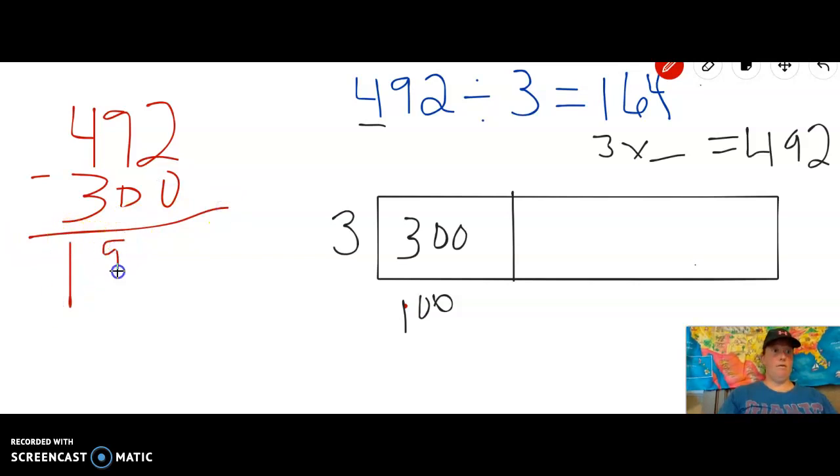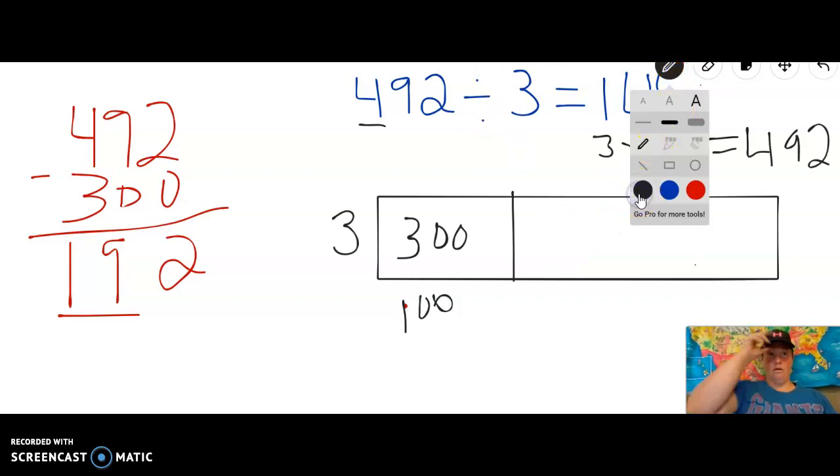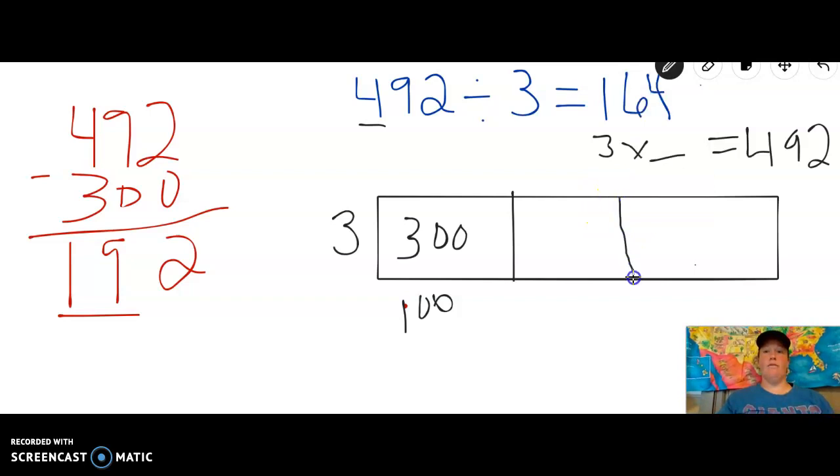Now, I have 19 tens, so that 9 is in the tens place. So I know that 3 times what can equal almost 19. So I know if I did 3 times 6 is 18. So what about 3 times 60? I get 180.